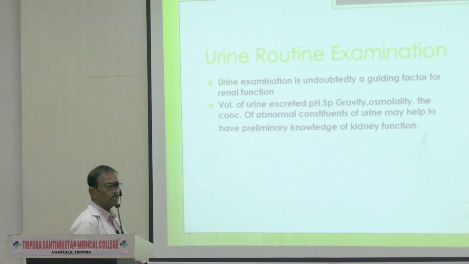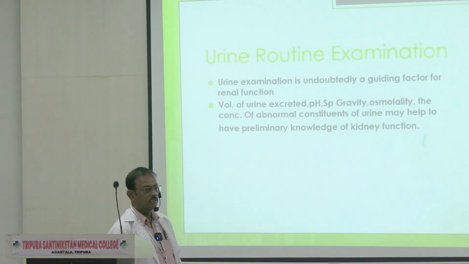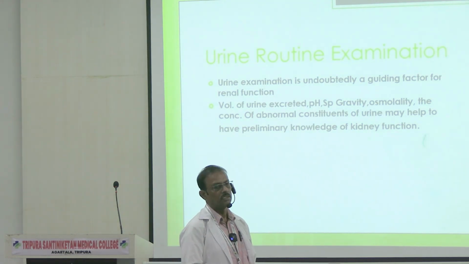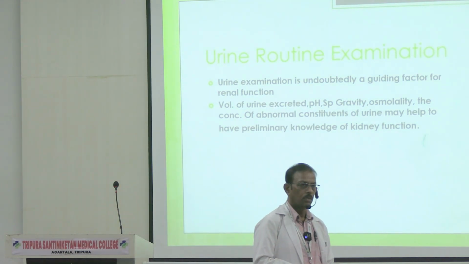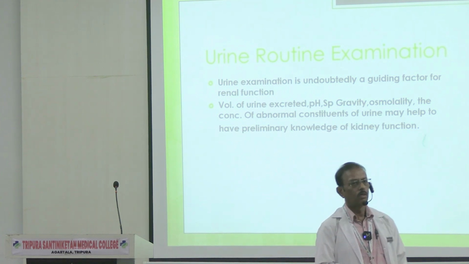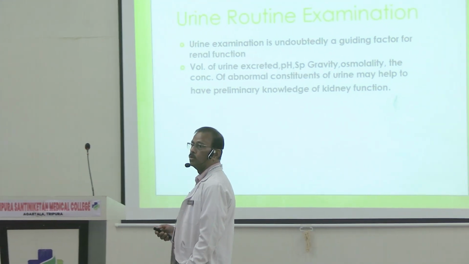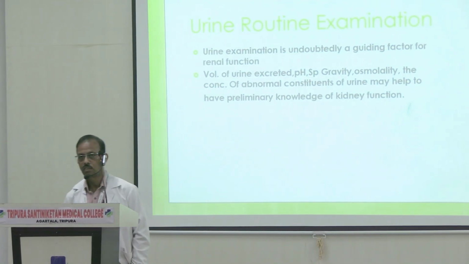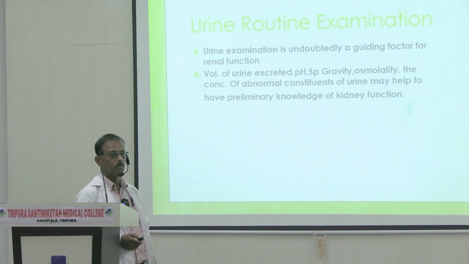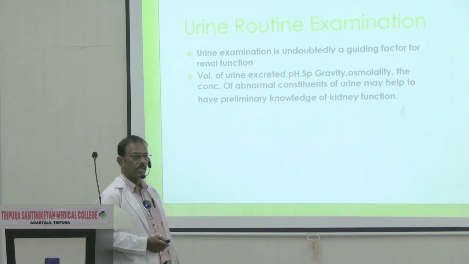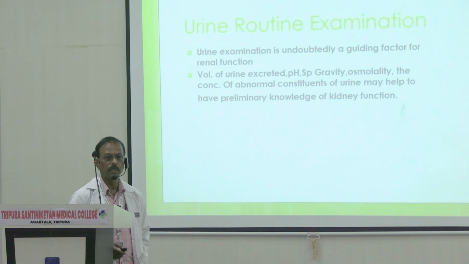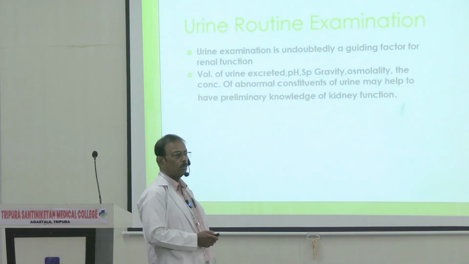Urine routine examination. In case of renal diseases, the permeability of the glomerulus increases, so protein leaks out through the Bowman's capsule. In that case, we will find albumin present in the urine.